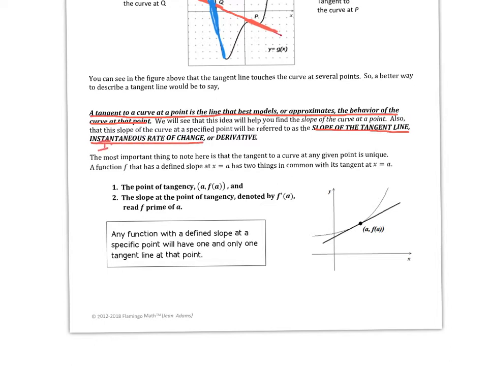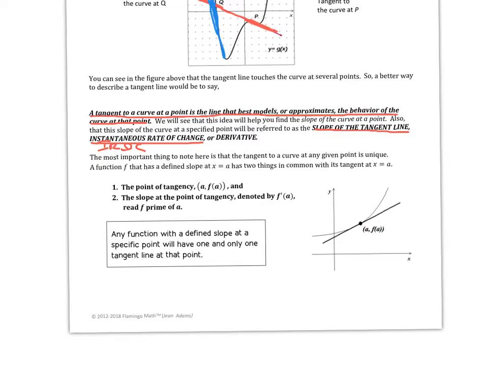Remember IROC? You cannot pick points that are really close to get the IROC. What you actually need to do is the derivative, and we're going to talk about the derivative in just a second.